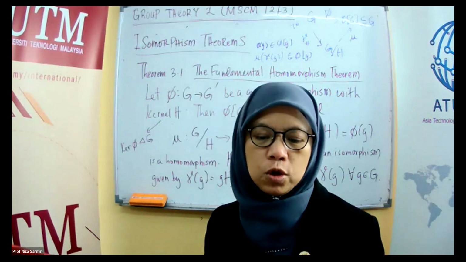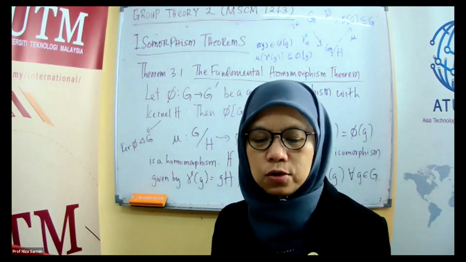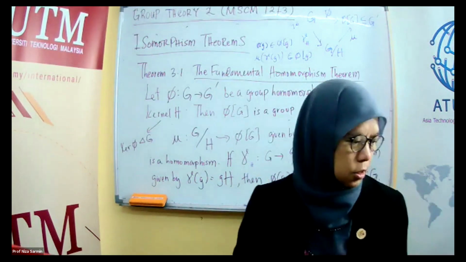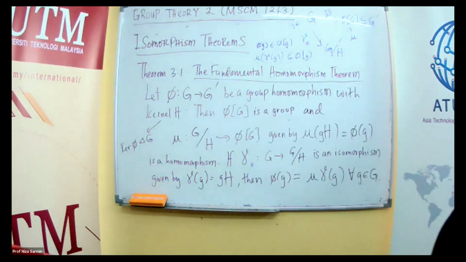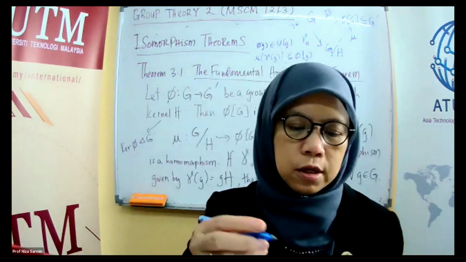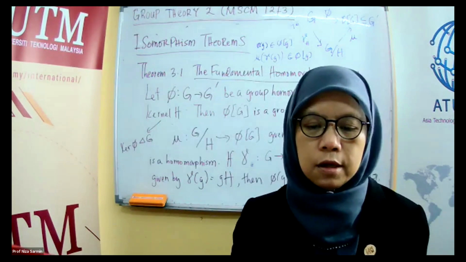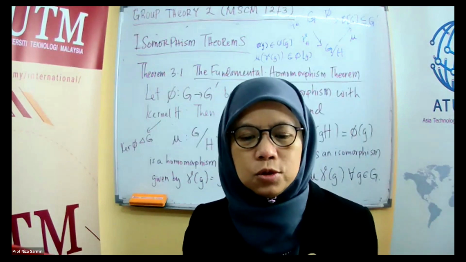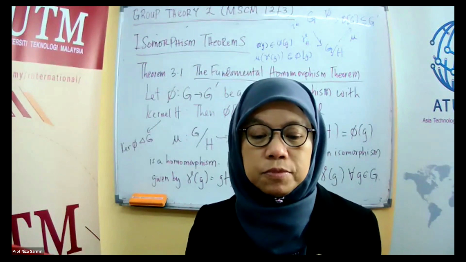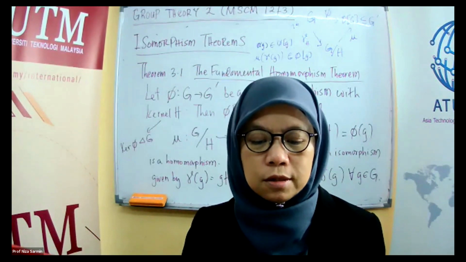Okay. Now, very, very close to this. Oh, no wonder I use K. Because in this one, I want to call it K, but this first one, I call it H. Right. The most important one is what I want to call the first isomorphism theorem. It's very, very close to this one.